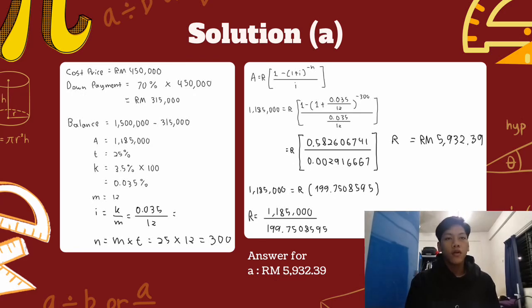Using the present value of annuity formula, we substitute our variables, which is a total of 300 monthly payments and a periodic interest rate of 0.035 over 12. After calculating the annuity factor, we find that Big Bev's monthly installment is RM 5,932.39.